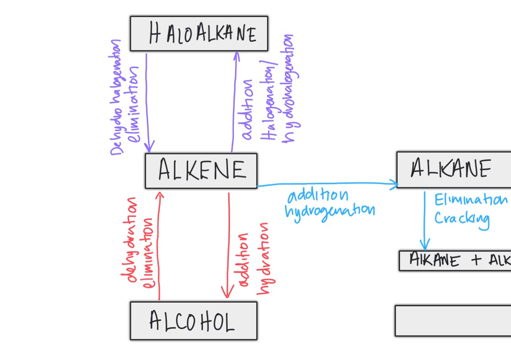Okay. I can then, for example, turn an alkane into a haloalkane. And there I could use a substitution reaction, like halogenation.